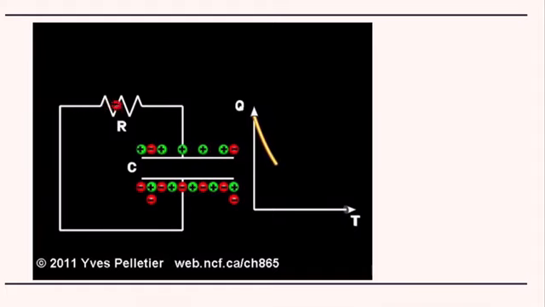So the electrons that accumulate on one plate will move to the other plate until both plates become neutralized again. Therefore, the charge on this plate is decreasing. That's why on the right side, the graph of charge Q against time t is decreasing exponentially.